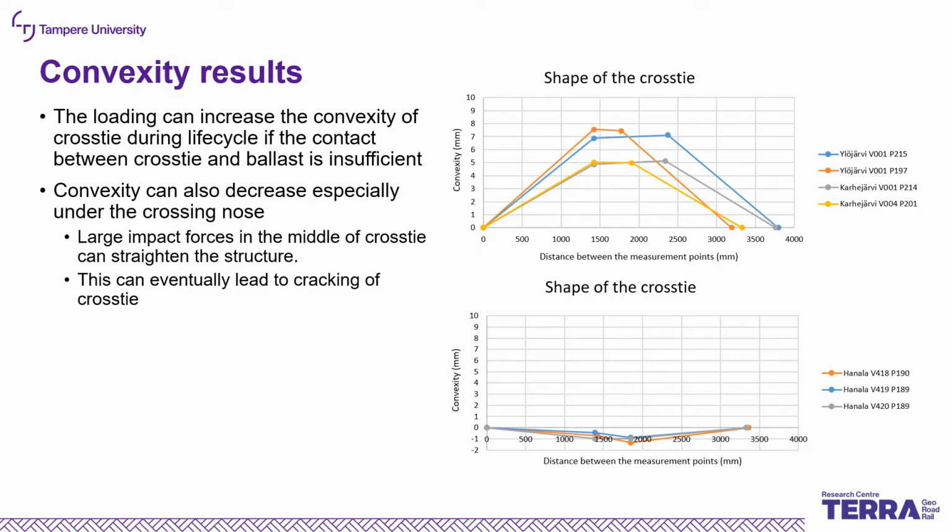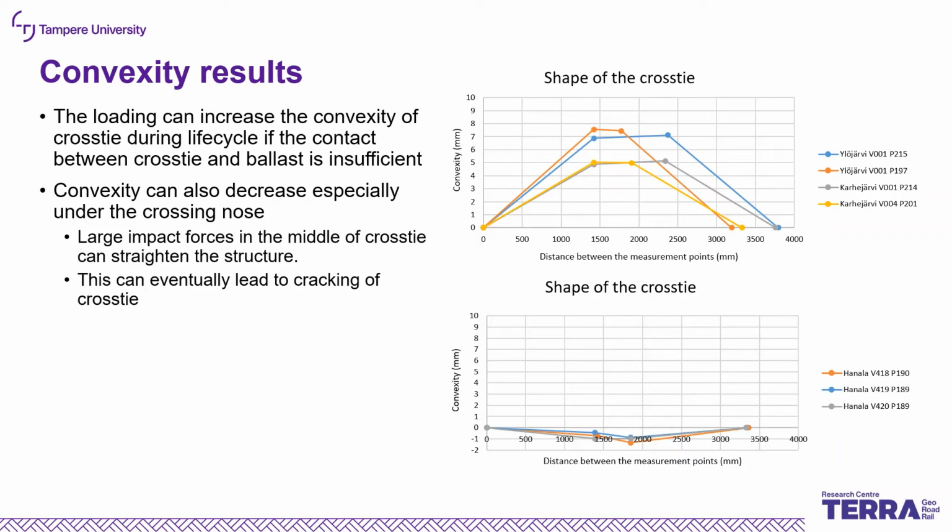And the loading can increase the convexity of the crossties during the life cycle if the contact between the crosstie and the ballast is insufficient. So if there is bad contact between the crosstie and the ballast, and the crosstie ends are in the air, it can really increase the convexity, and it can grow even to 8 or 10 millimeters.